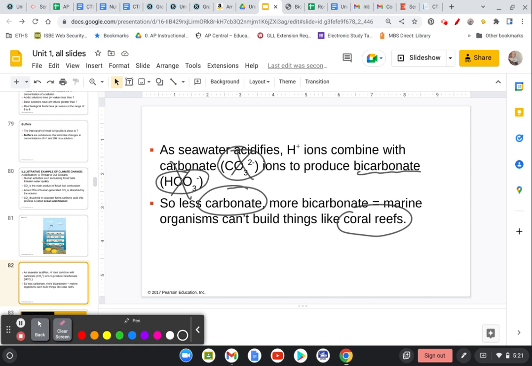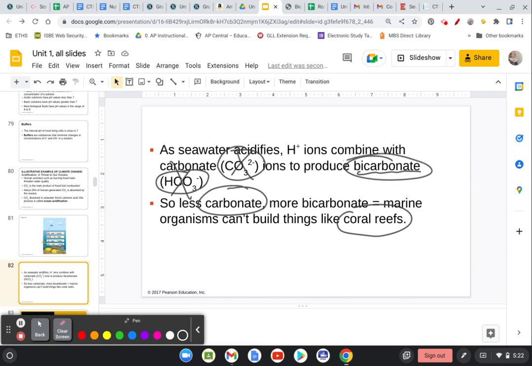So you might have heard how the coral reefs are being destroyed, and that is a result of the acidification of the seawater. Carbon dioxide comes in, is dissolved into the seawater, and when that happens, the H pluses from the water combine with the carbon dioxide to produce this bicarbonate.